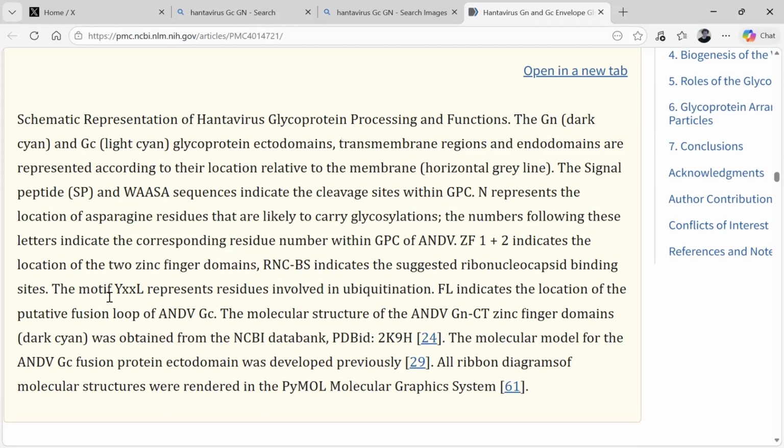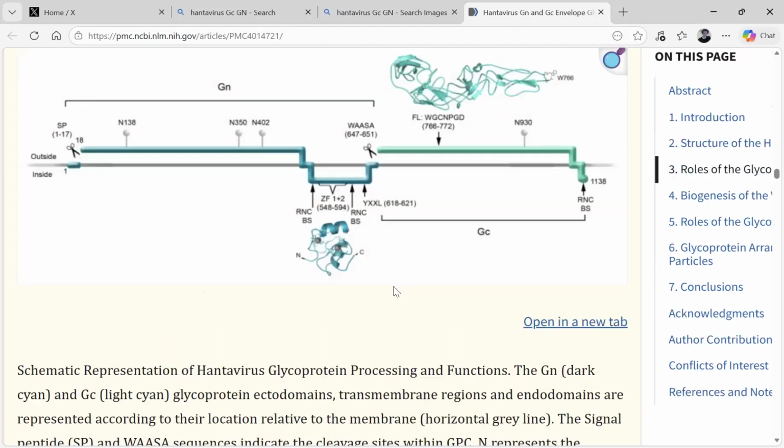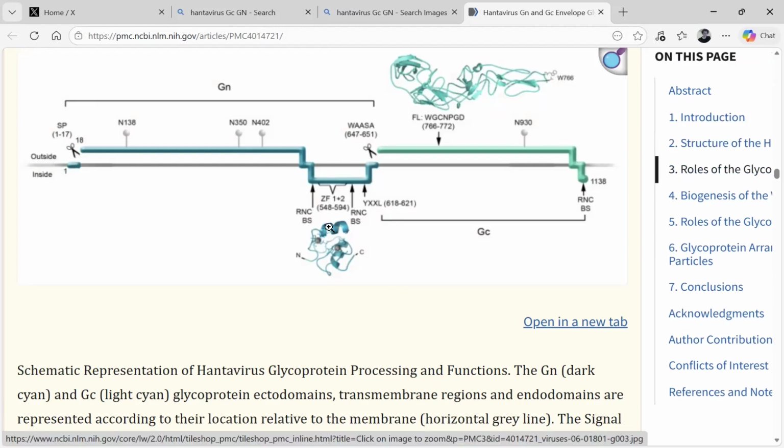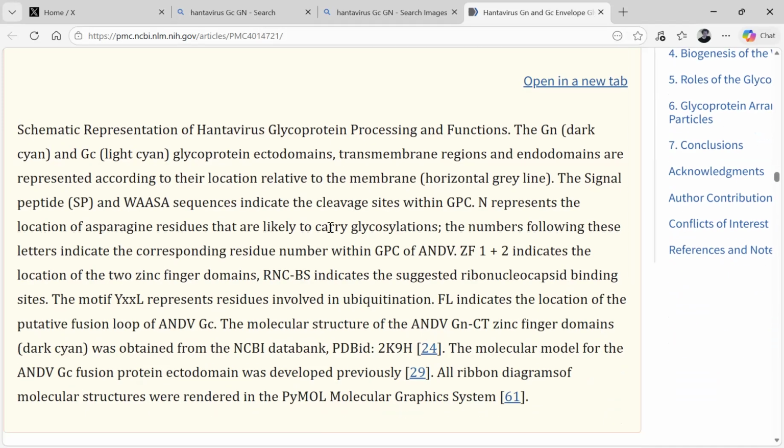Now the motif of the YXXL represents residues involved in ubiquitination. And that's right here. Now all this is happening on the GN part of the spike protein.